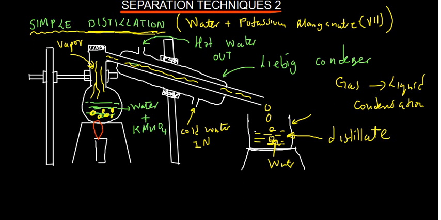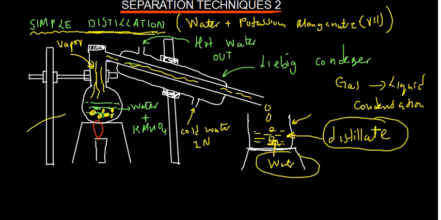Alright, so the color of the solution in the distillation flask is still the same, or even darker after heating has stopped, because potassium manganate does not distill. The colorless liquid collected after distillation is called the distillate. So at the end, you are going to have the distillate, and this is going to be colorless.